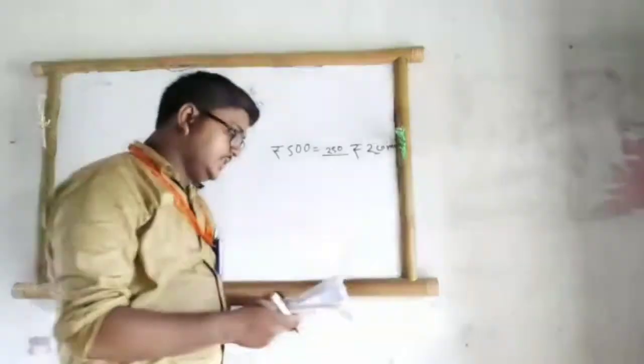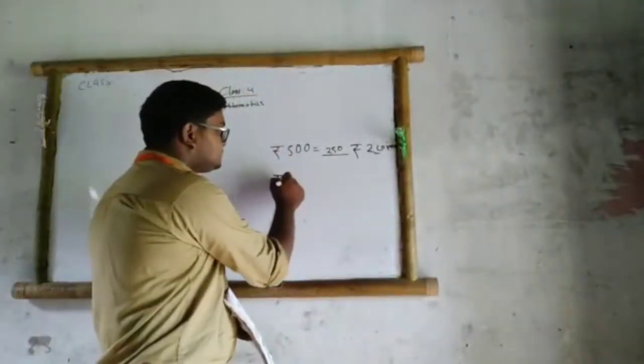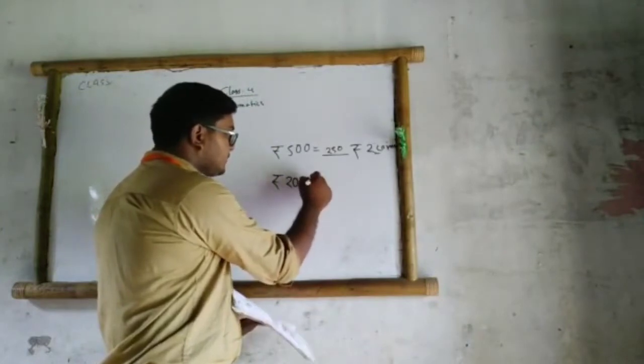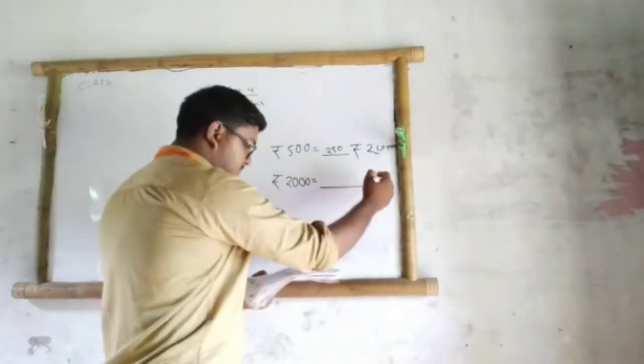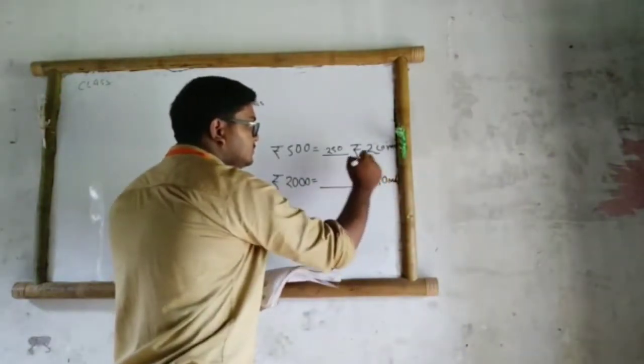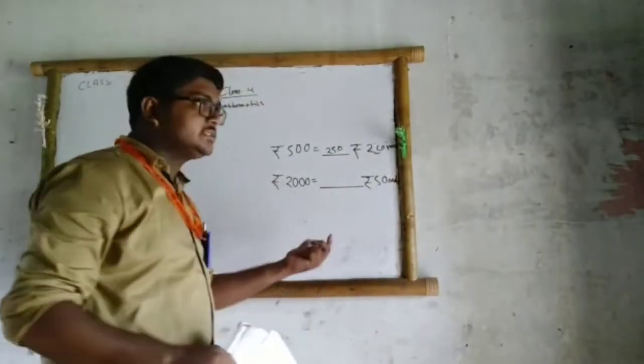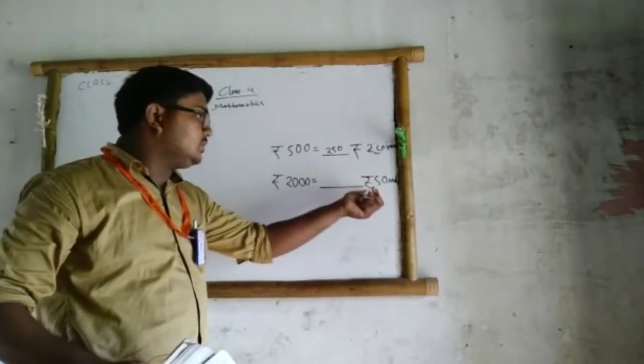Now the next one is rupees 2000 is equal to how many 50 rupees notes? In this case, there is also rupees on both sides.